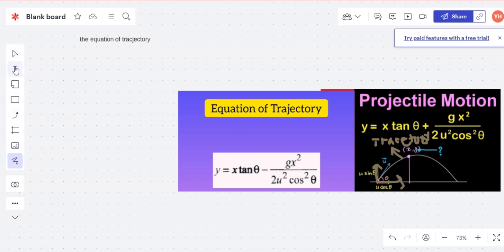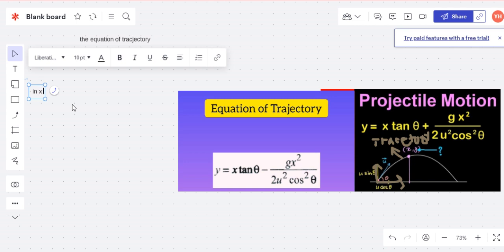We know that in the x direction, now I'm going to deal with two points. In the x direction, vx is equal to u cos theta, and then we have t, u cos theta t, right? So vx equals vi plus at, or we can say the displacement in the x direction is, you can use two formulas, vit, which means u cos theta t.